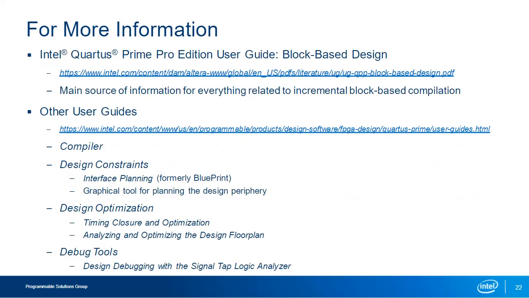For more information about incremental block-based compilation, be sure to read the Intel Quartus Prime Pro Edition user guide about block-based design, linked here. This should be your main source of information for all aspects of using the feature. The other user guides listed, and the chapters highlighted in each, provide additional information about topics discussed in this part of the training.